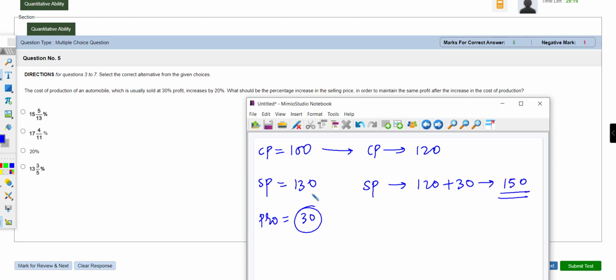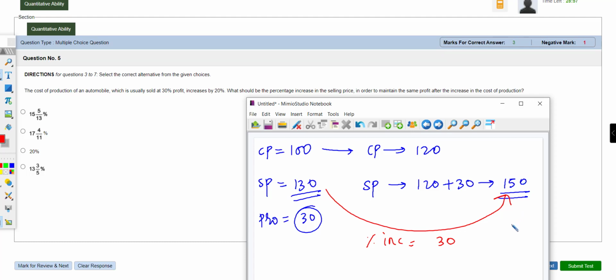We want to find the percentage increase in the selling price. 130 becomes 150, so the percentage increase is how much? Sorry, this is 150, correct? Yes. So now look here, the percentage increase is how much?